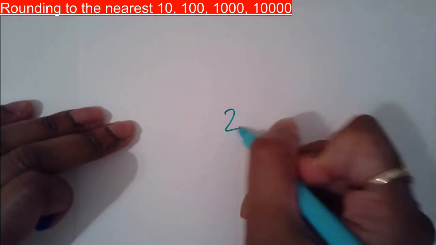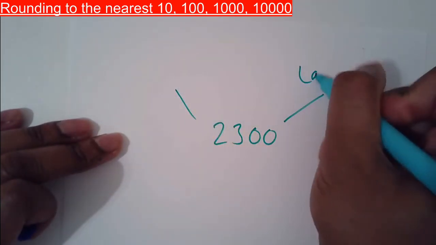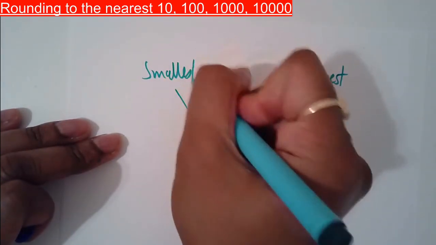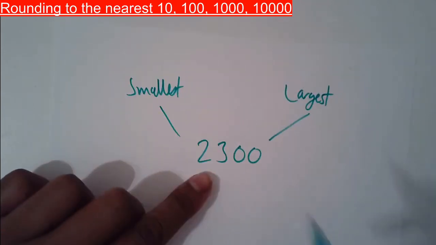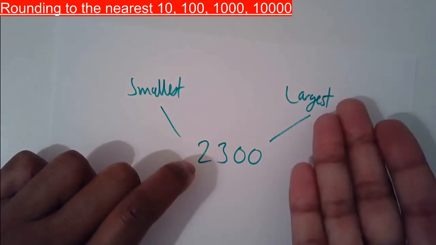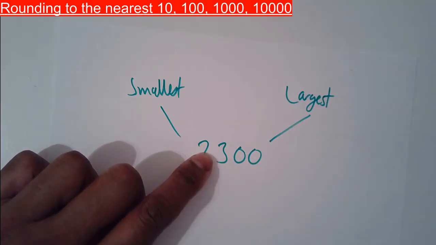Right, try this one. Find the largest and the smallest possible whole numbers to the nearest 100. Largest number to the nearest 100 to give you that one. Well, think about 100. Half of 100 is 50.